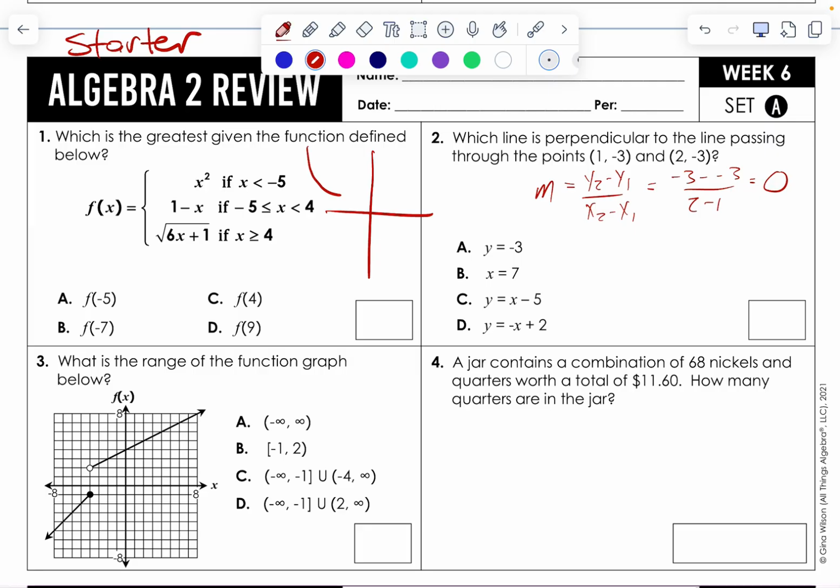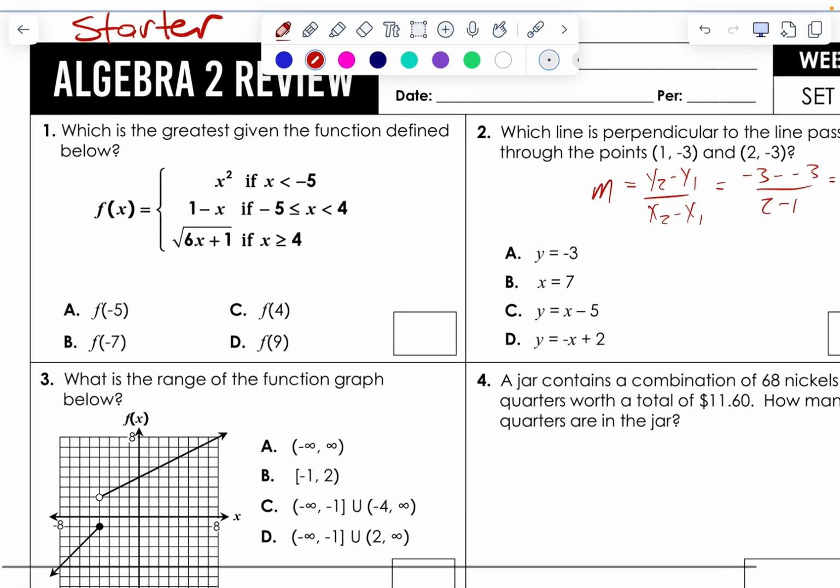Between -5 and 4, it's going to have some kind of downhill slope line, like that. And then after 4, it's the square root function, which is something like that. So it's piecewise. It just means that it's defined in pieces and picks up where the other leaves off.